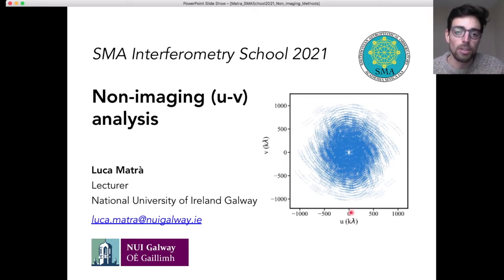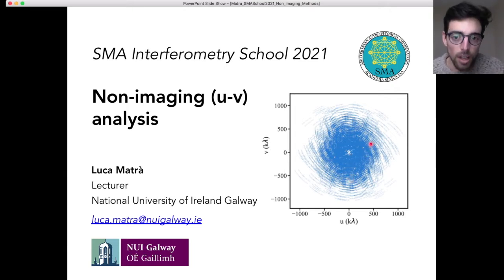So if you have an SMA baseline of 13 meters, and you're observing at a wavelength of 1.3 millimeters, you will be at a UV distance of 10 kilolambda, 10,000 wavelengths. And 13 meters divided by 1.3 is 10. So you'll be at 10 kilolambda. So it will be a point somewhere in here.